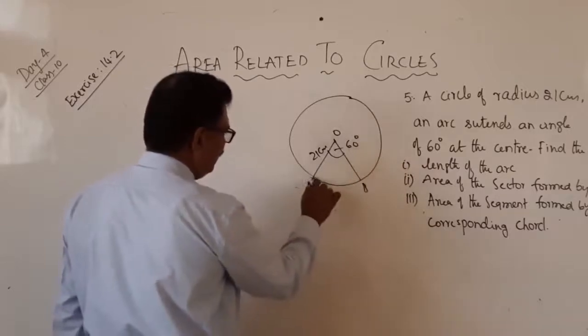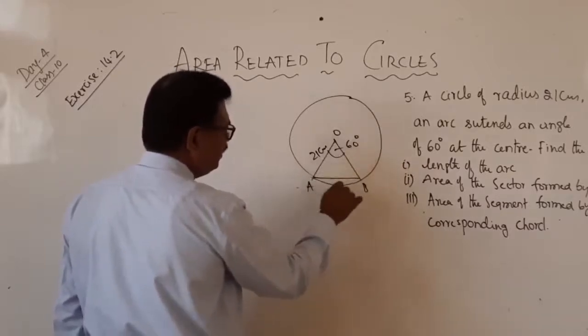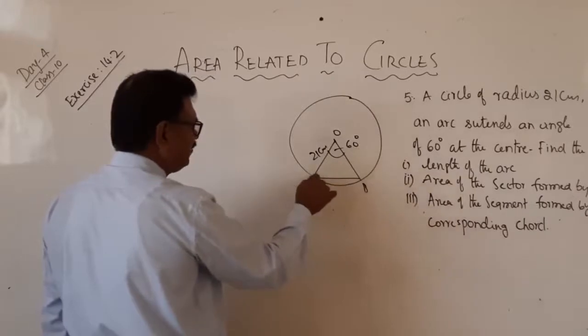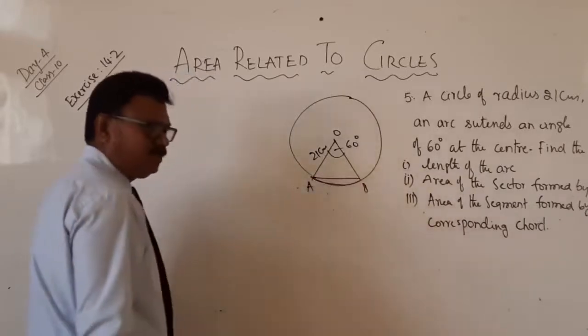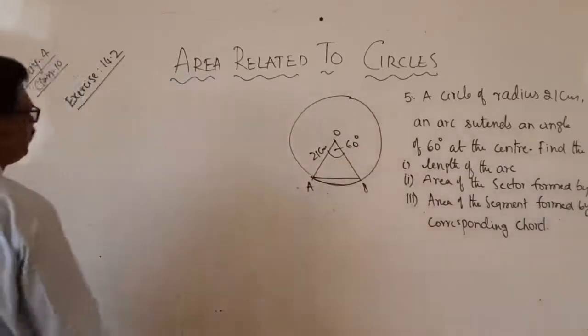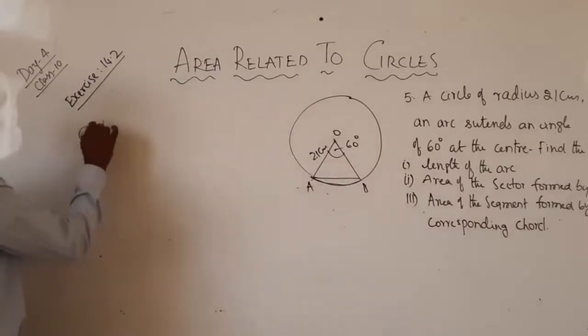Angle at this is 60 degrees. Okay? Now we have to find out first the length of the arc. Length of the arc means only this one. Right. First one, length of the arc.